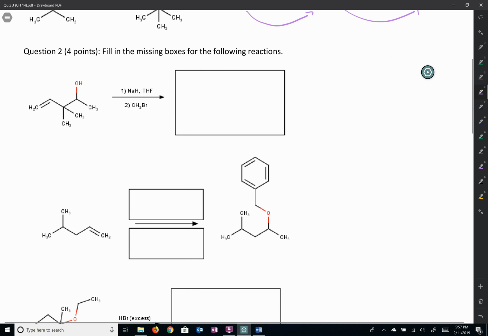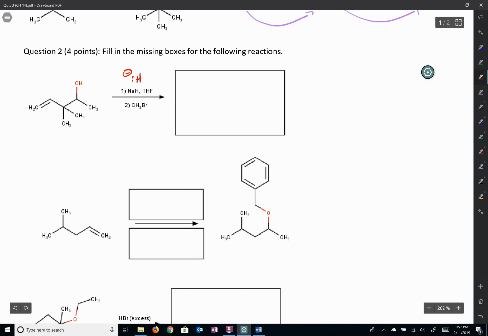Okay? All right, let's move on to question 2. So question 2 is saying, just fill in the missing boxes for the following reactions. So let's take a look at what we have here at the first question. We've got sodium hydride and THF. When we see sodium hydride, remember sodium is just a spectator ion. So really what we should be seeing is hydrogen with a lone pair and a negative charge.